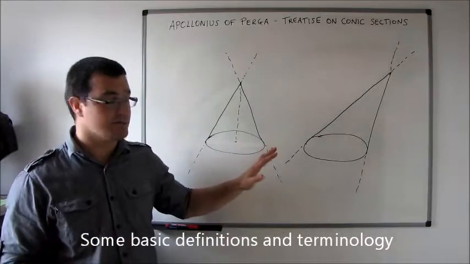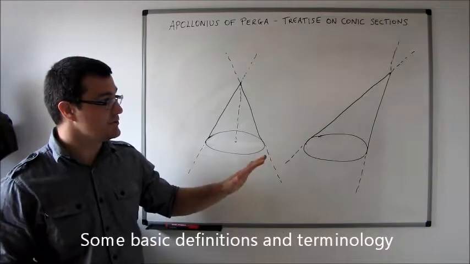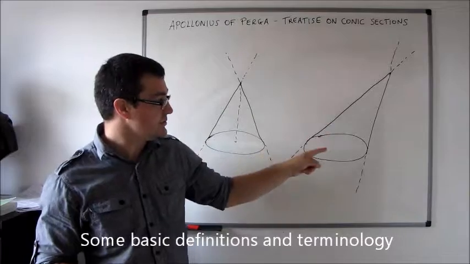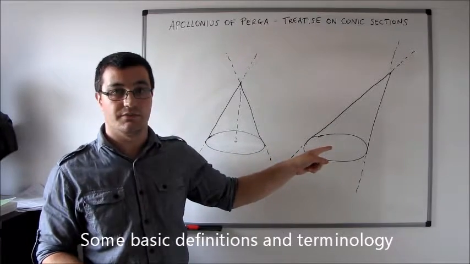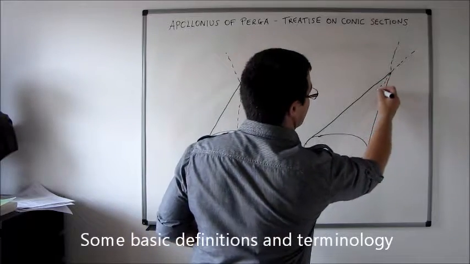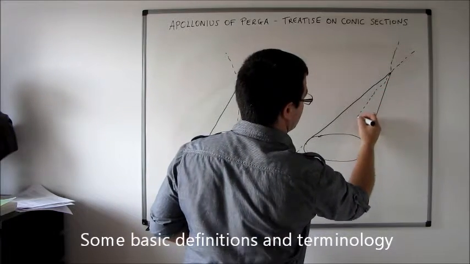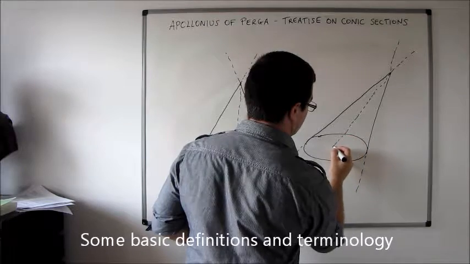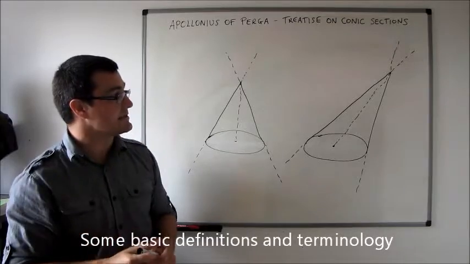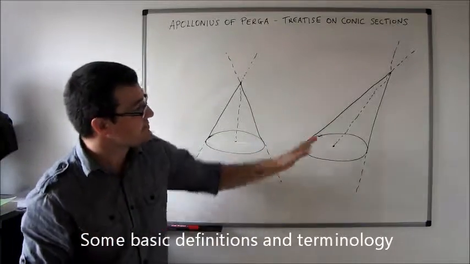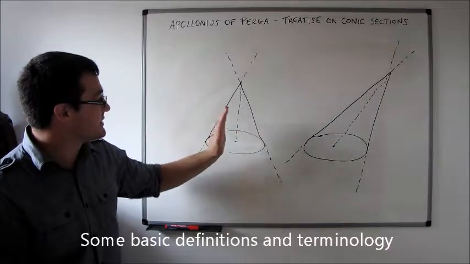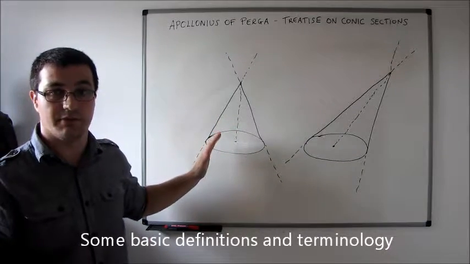Using our diagrams from before, I'm going to draw a line from the vertex of the cone to the center of the base circle. Such a line is called the axis of the cone. Obviously it can be extended, and it should be straight.